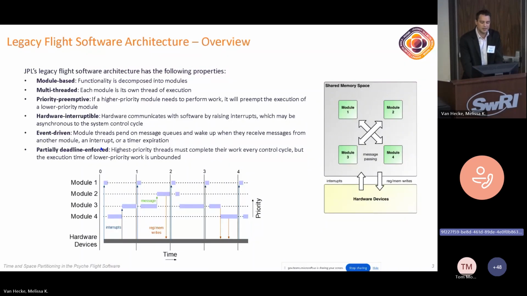And we can say that this is a partially deadline enforced architecture, meaning that there's a few threads that have the highest priority. They have to complete their work every control cycle. But the rest of the threads run opportunistically and they don't have any real deadlines, and the time to complete the work is essentially unbounded.